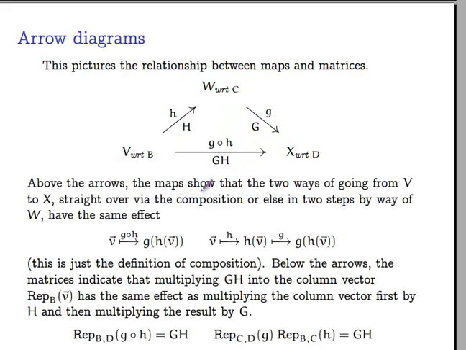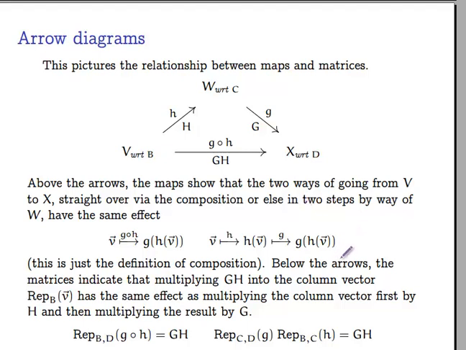Okay, all right, so this recaps what I said. The map shows two ways of getting from V to X, straight over by a composition or else in two steps. You get the same effect both ways. You either go directly to g composed h or you can go by steps. In fact, this is defined by this process.